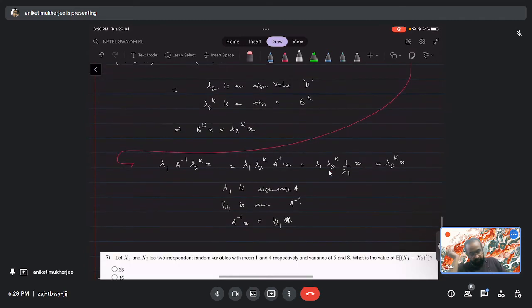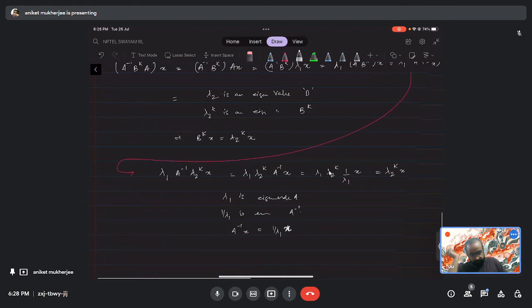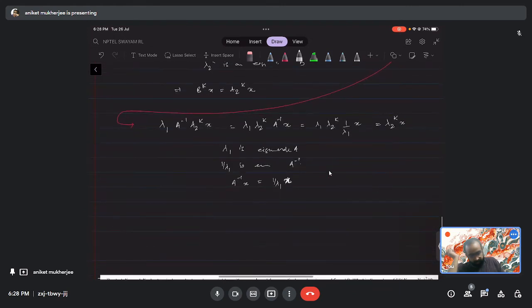So now finally what I get as a statement is A inverse b power k A x is equal to lambda 2 power k x. This is of the form where you have the matrix, the eigenvector and the eigenvalue.